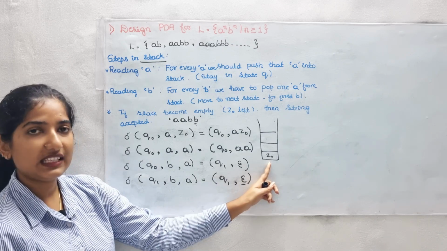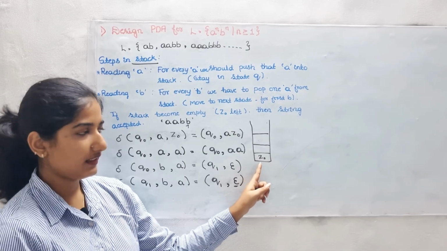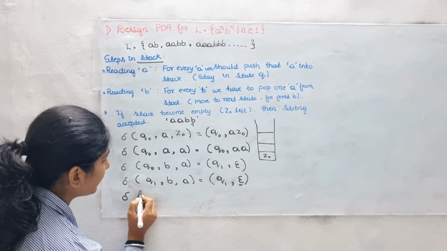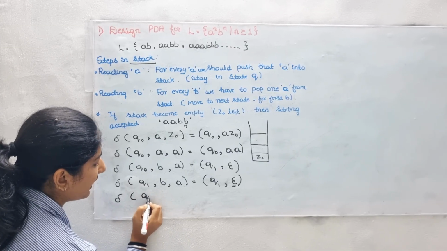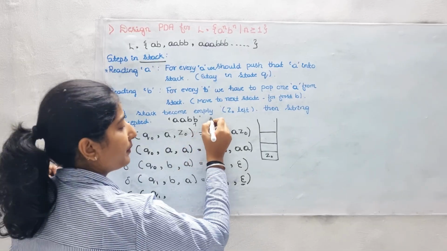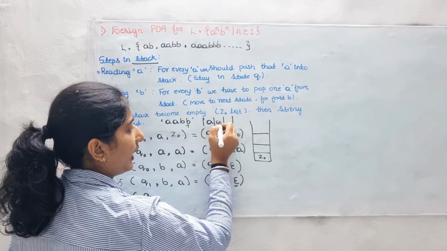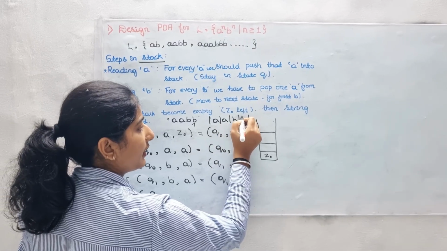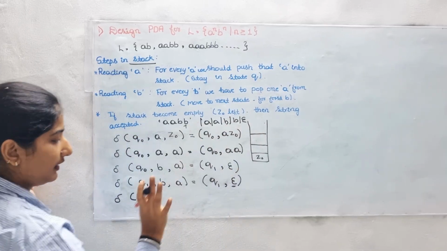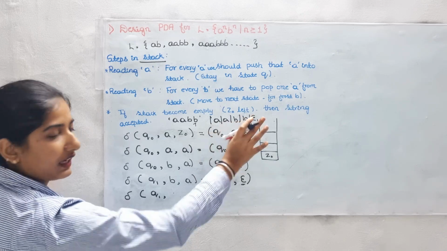We got z naught. So remember this one: when we get z naught here, we have to write another transition function, that is on the state q1 I have no input symbol, so it should be like this. On no input symbol, a b b, done.